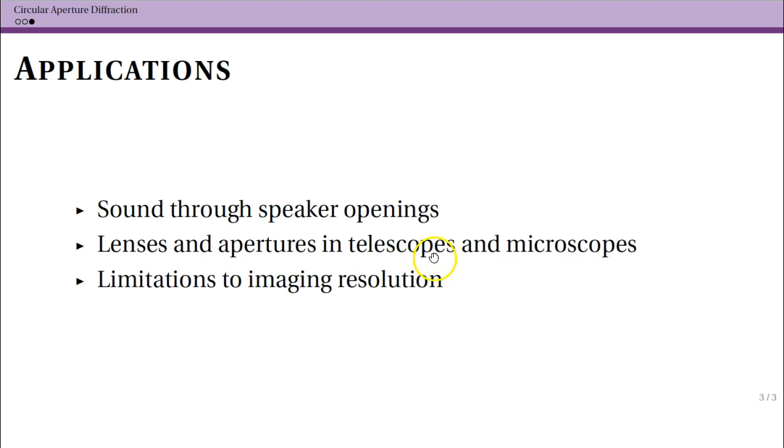Lastly, and kind of related to the previous one, is that fundamentally our imaging resolution is limited by diffraction. So if, for instance, you want to take a microscope and look at something really, really small, again, when you start thinking about the lenses, you need to start blocking out outside light.